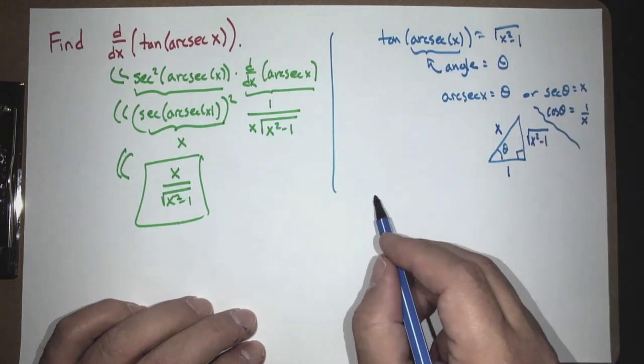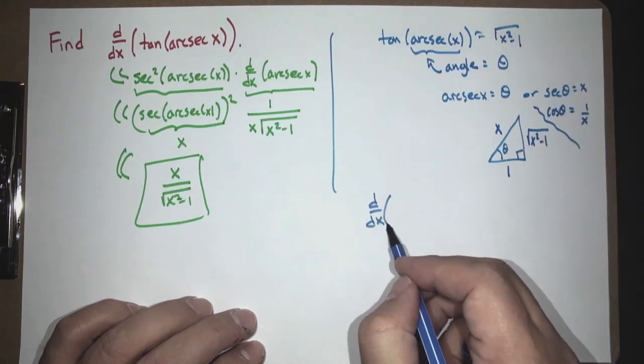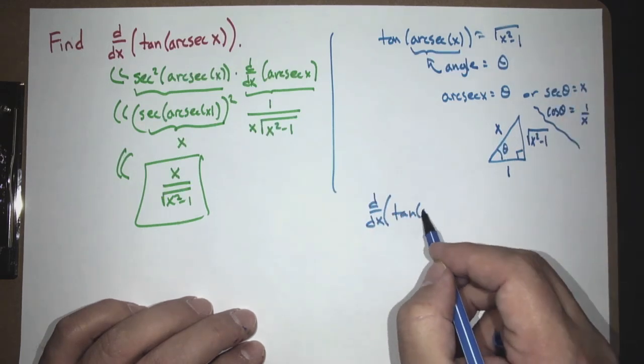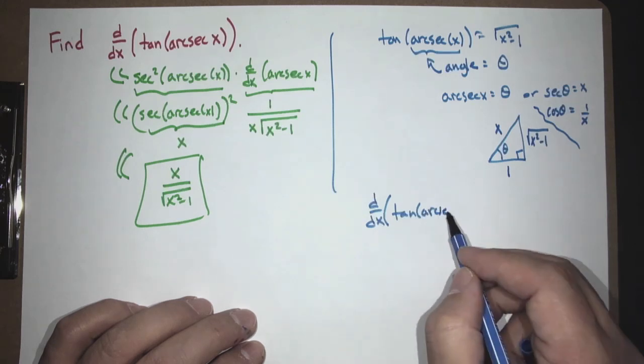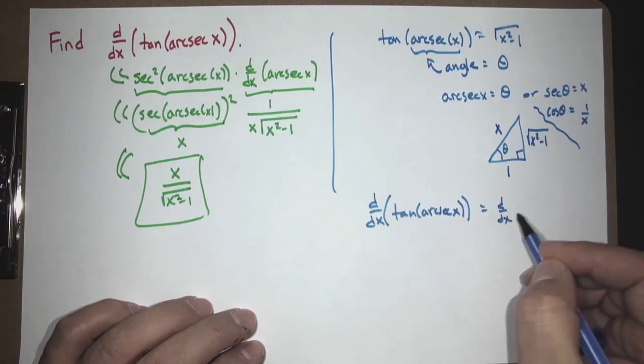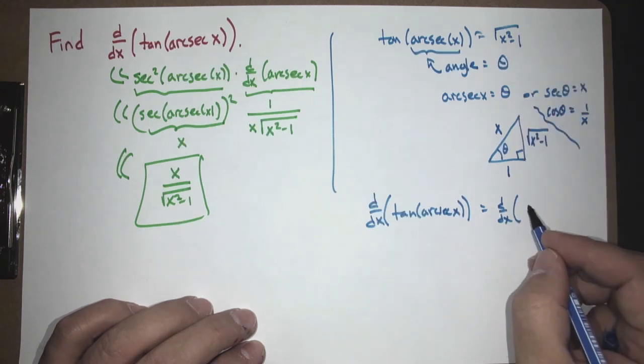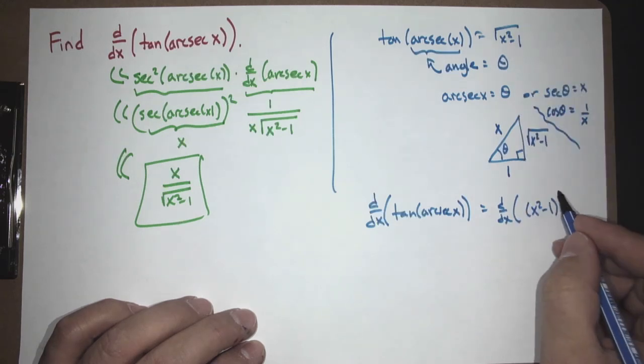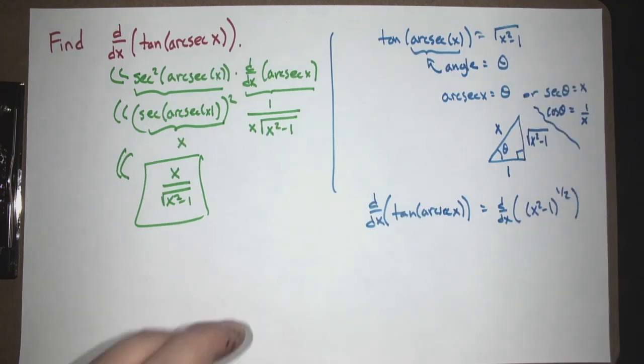So, instead of thinking of this derivative as tangent of arcsecant of x, we can think of it as the derivative of the square root of x squared minus 1. And to make it calculus friendly, x squared minus 1 to the half power.